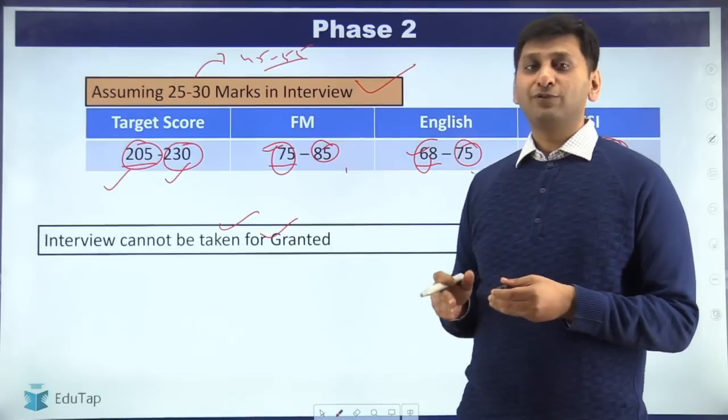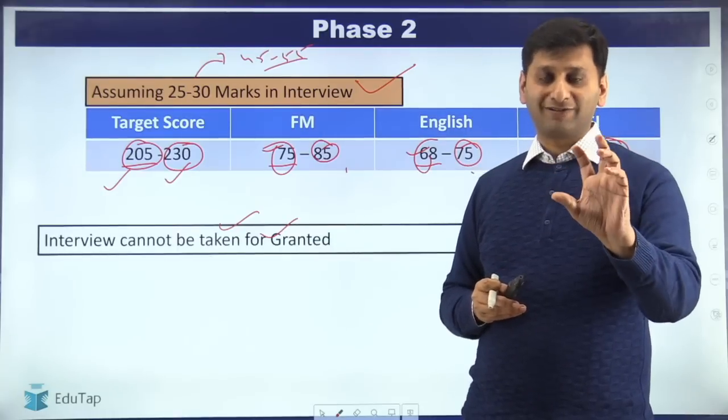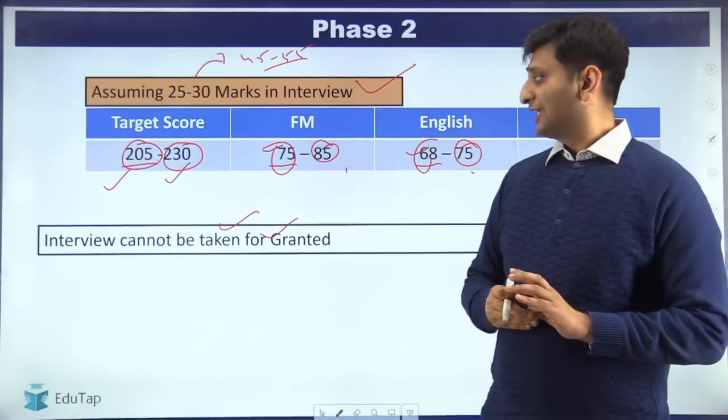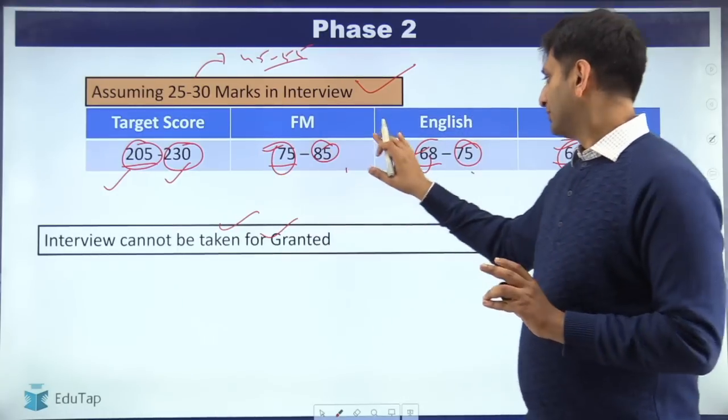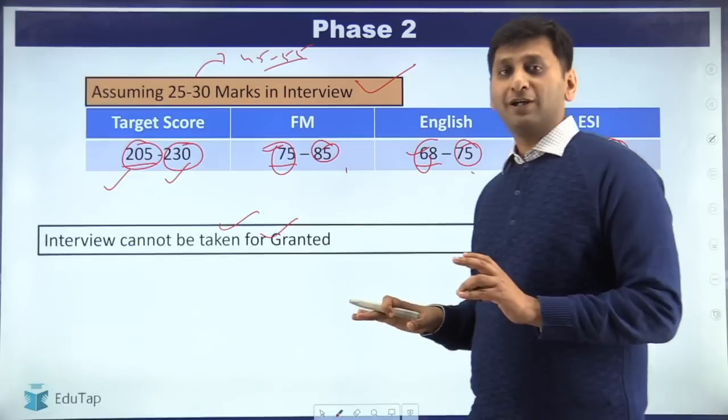So if you go into the interview aiming for 45 to 50 marks, that 20 marks difference that you are assuming in the interview can literally lighten up your burden in these areas. So you will have to do that.